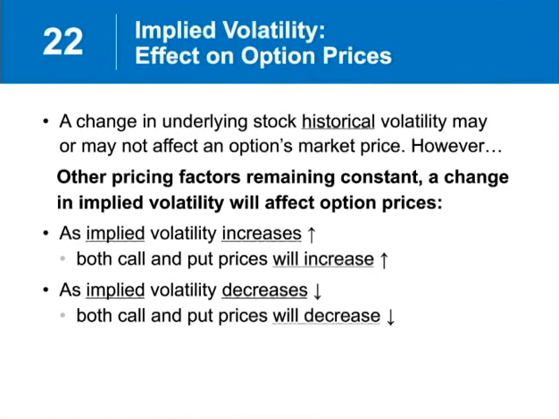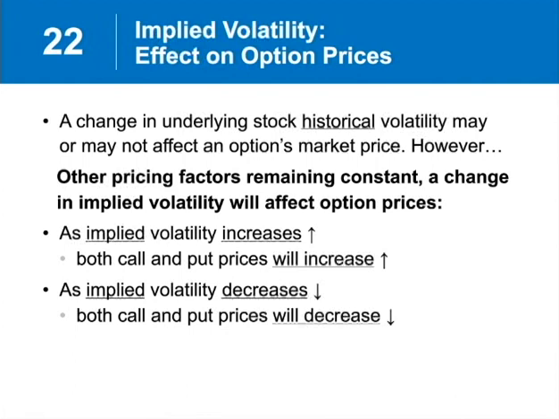Getting back to that subtlety between call and put prices going up or down as historic or implied volatility changes. As I mentioned, when historic volatility increases, when the amount of movement in the underlying does increase, generally option prices will go up, but they don't have to.